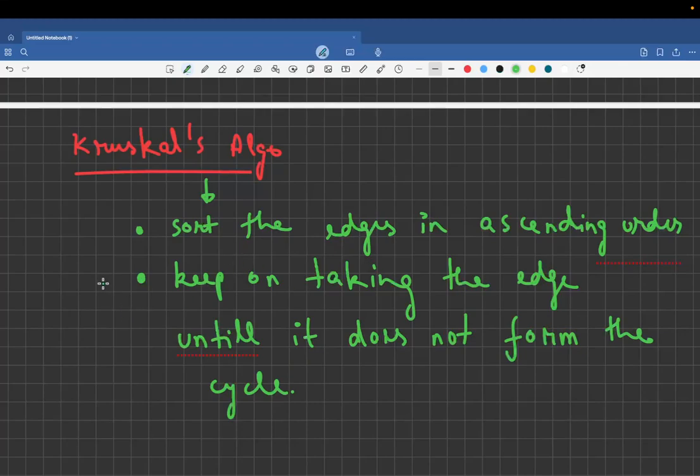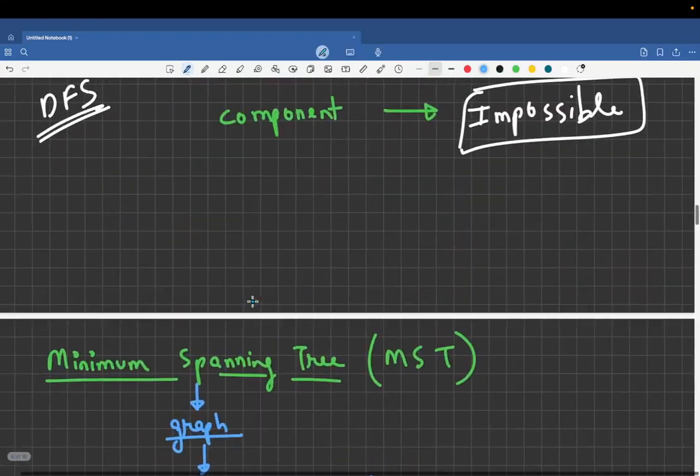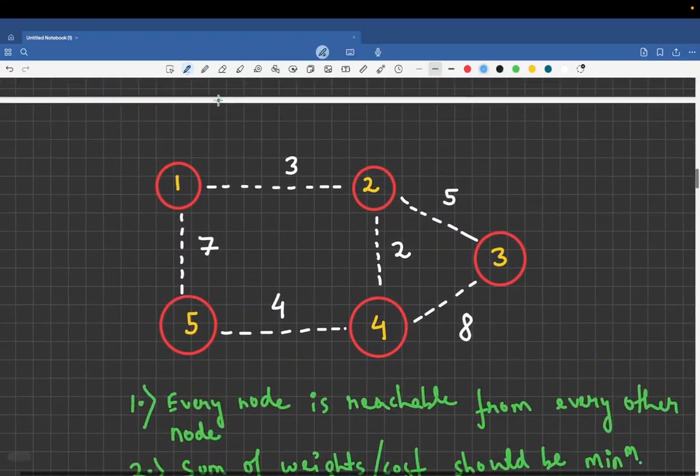We will see how we will ensure that the edges do not form a cycle. You can simply see it via a DSU, that is disjoint set union. But let's first of all try to understand what the algorithm is.